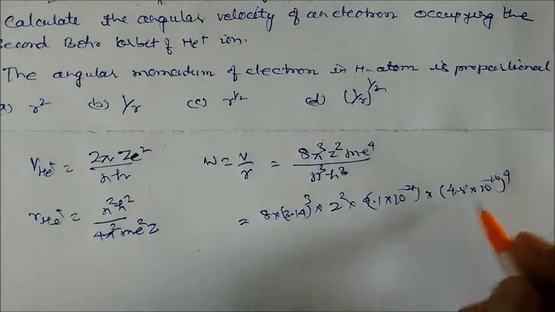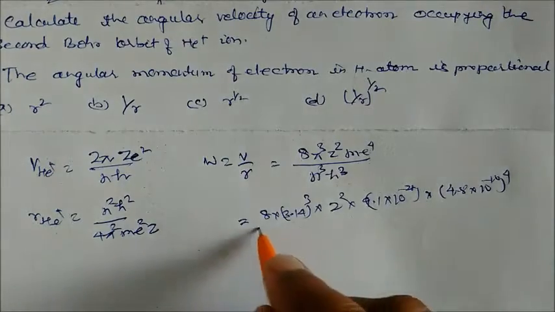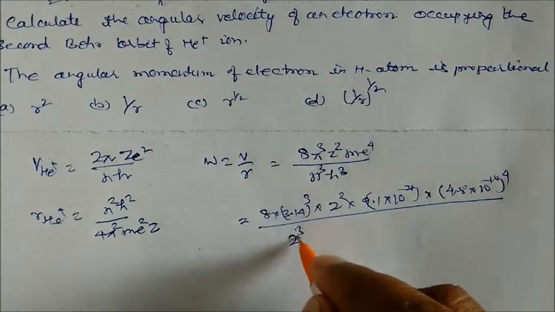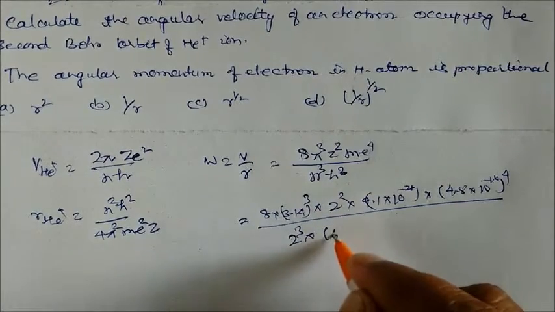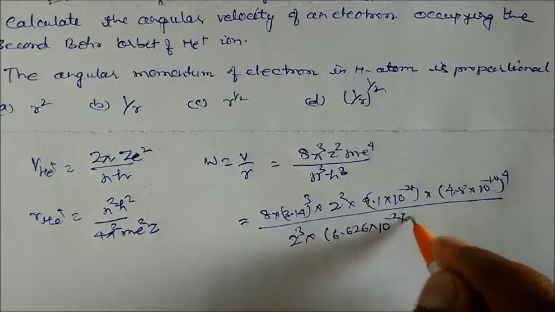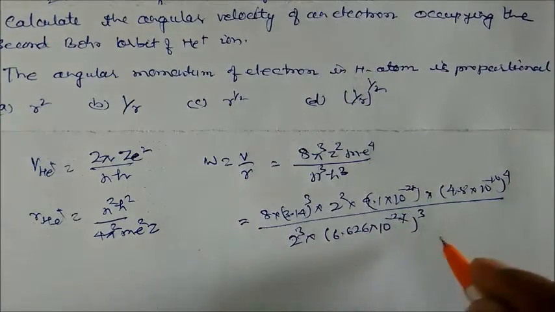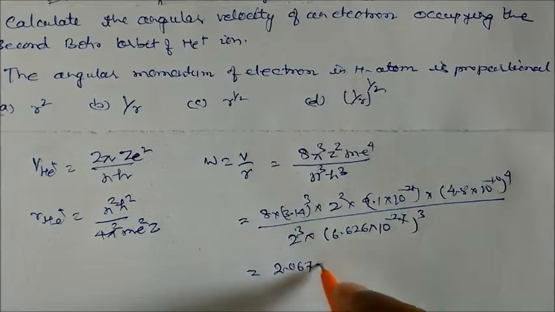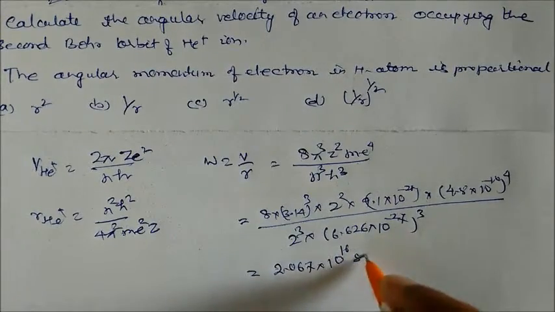This is the charge of the electron in ESU. N cube is 2 cube, multiplied by h equal to 6.626 into 10 to the power minus 27 whole cube. So on solving we get the answer 2.067 into 10 to the power 16 per second.